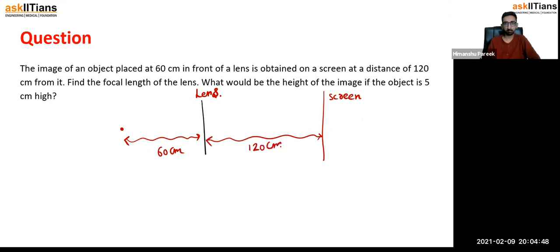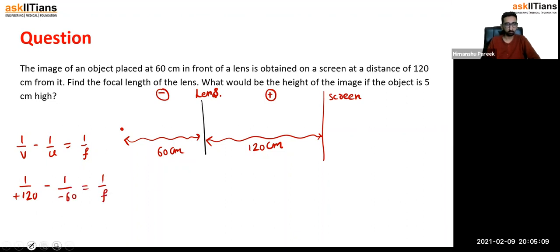120 centimeters. Okay, so let us use the formula 1 by V minus 1 by U is equal to 1 by F. V should be plus 120 because the light ray would go to the right side, so this is positive, this is negative. U must be minus 60. So now what answer are you getting, guys?